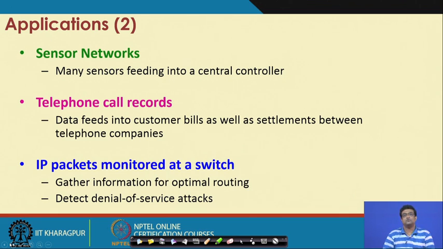For that it may need to maintain what kind of packets are coming from which link. A switch will have a certain number of ports, maybe 32 or 64 ports, and you need to know on which of these ports a particular IP address or IP range is coming. So, this kind of routing table has to be maintained. Then sometimes you have to prevent denial of service attacks. All these are applications of this.